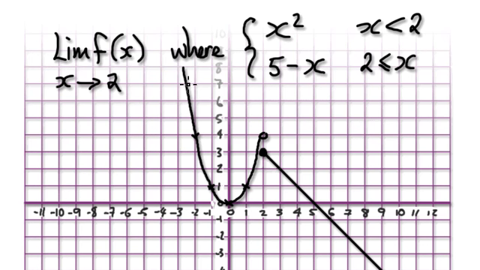From the left-hand side here, you're approaching positive 4, and then from the right-hand side here, you're approaching 3. So here the limit does not exist. Okay, so that's your answer. Limit does not exist. Okay.